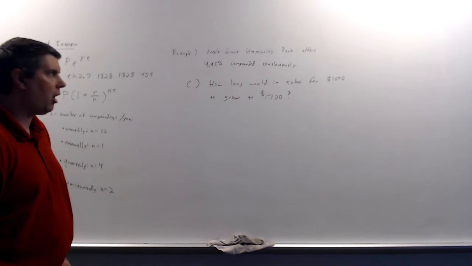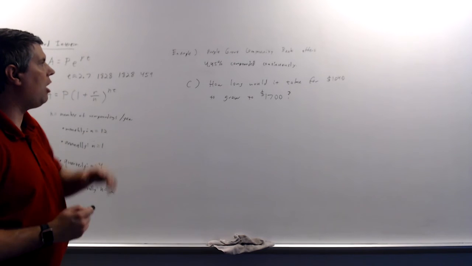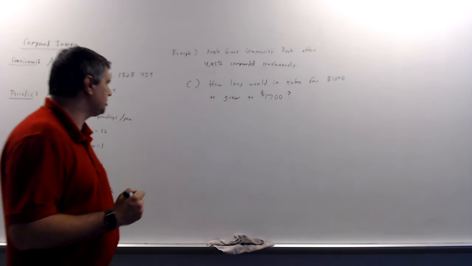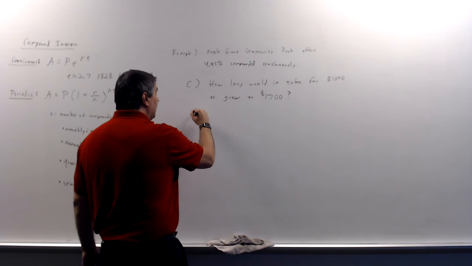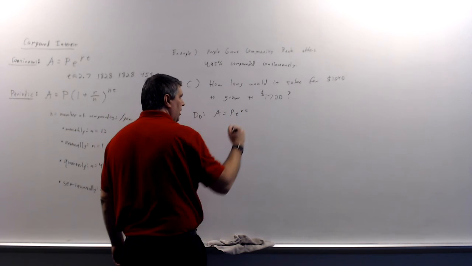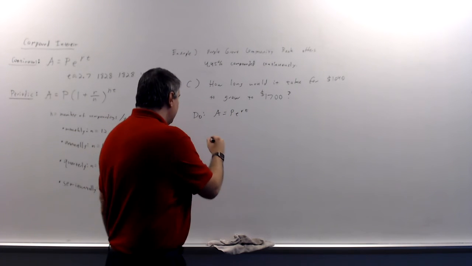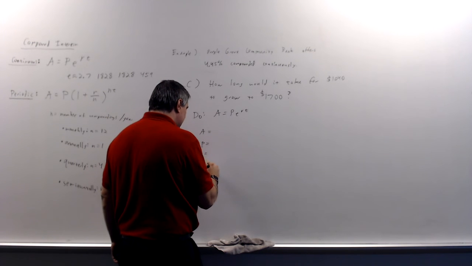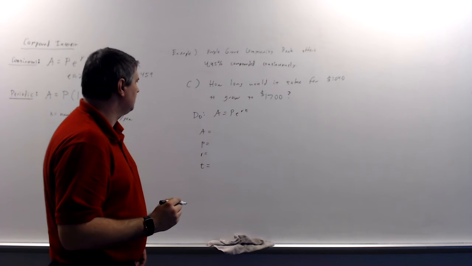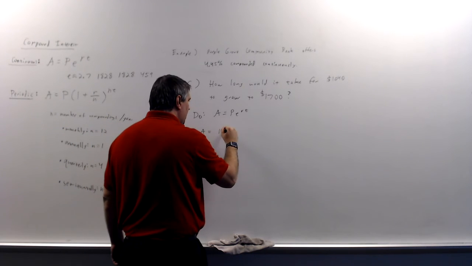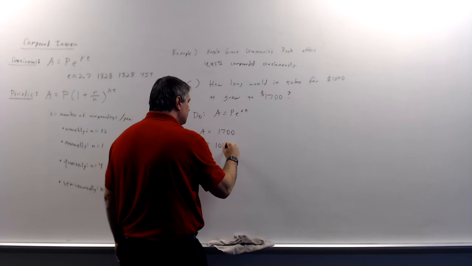Okay, this next part says, how long would it take for $1,040 to grow to $1,700? Well, it's still compounded continuously, so this is still the appropriate formula. So A equals, P equals, R equals, T equals. The accumulated value is going to be 1,700, and we're starting with 1,040.